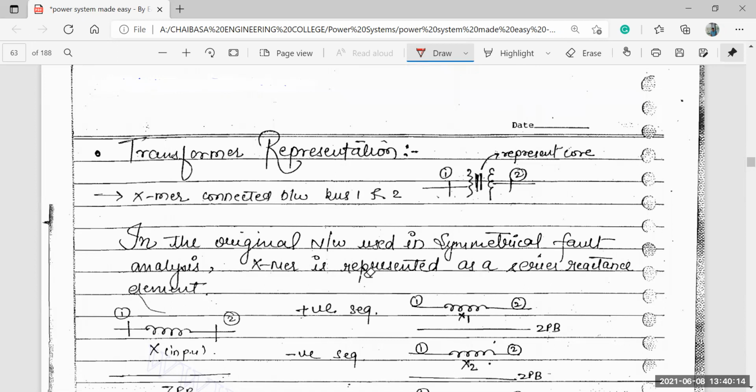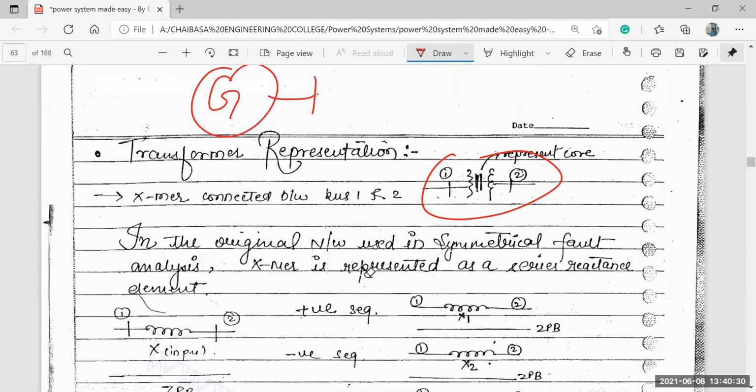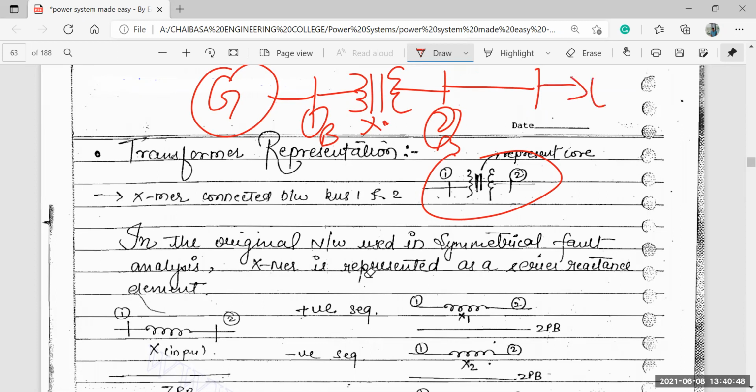As we know, if we draw this over here with nice conditions, this is your generator, this is your one bus bar, this is your second bus bar, this is your transformer, and this point is your load, and this is your transmission line.